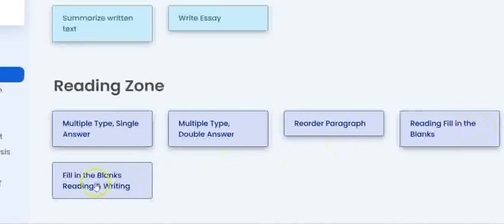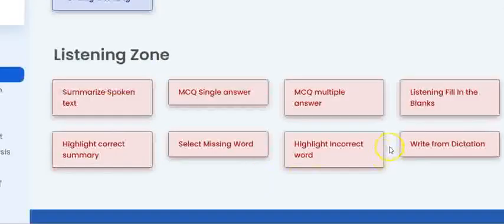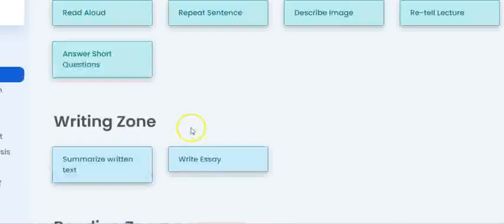Reading fill in the blanks and Reading and Writing fill in the blanks, practice at least 20 each daily. Write from Dictation 25, listening fill in the blanks 10, highlight incorrect words 5, and Summarize Spoken Text 2 every day. Write Essay, try 2 every day, and Summarize Written Text at least 1.